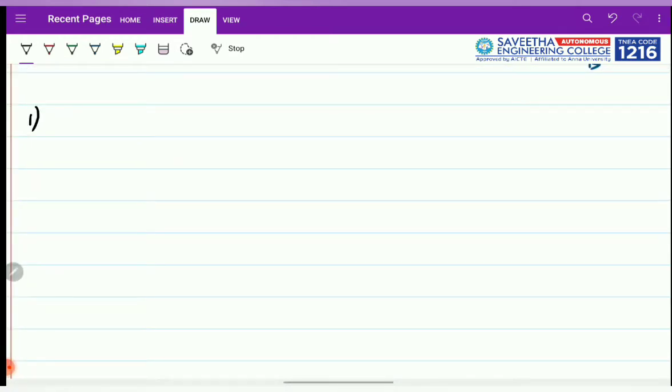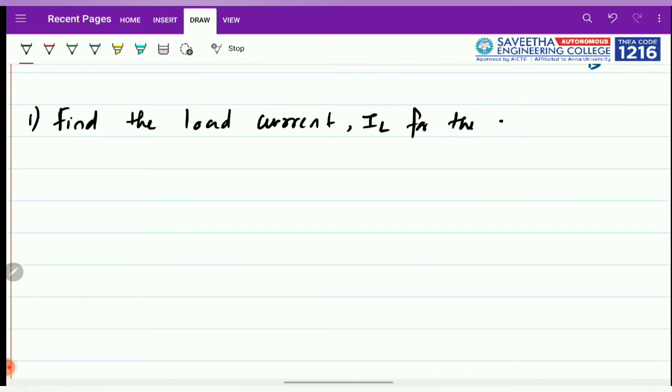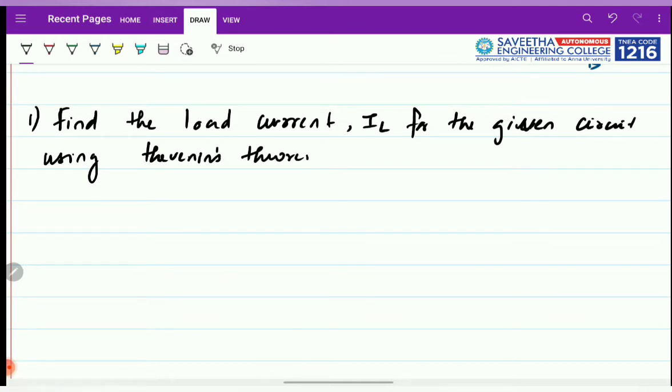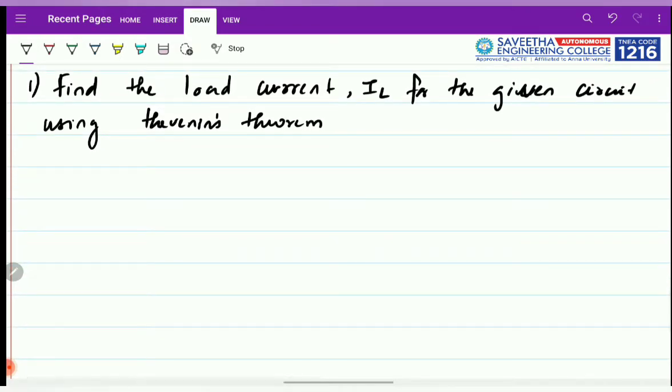So the first problem in the Thevenin equivalent circuit: find the load current IL for the given circuit using Thevenin's theorem. Okay, this is the question, and the diagram for the question is something like this.